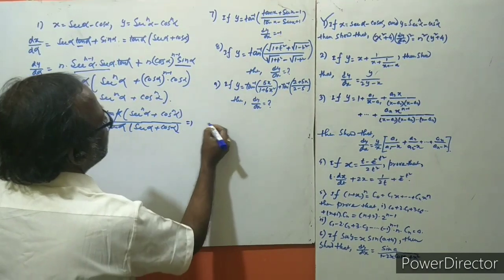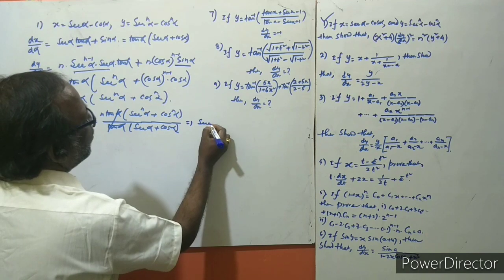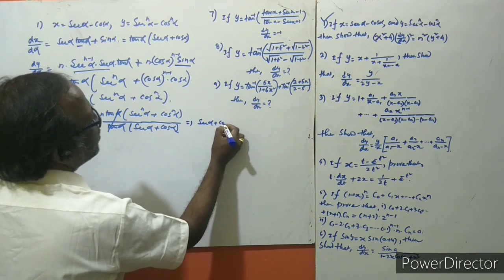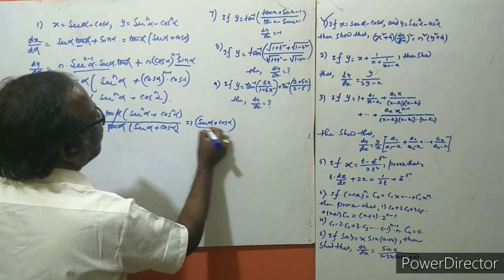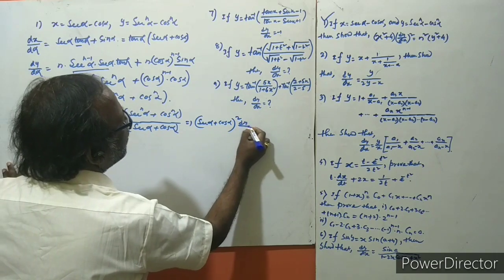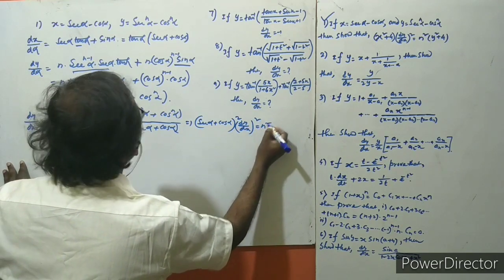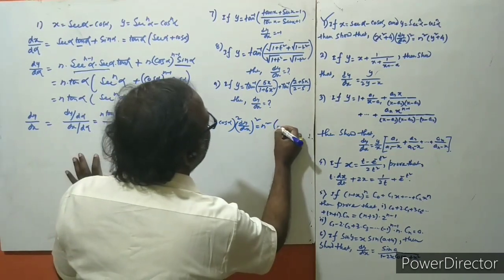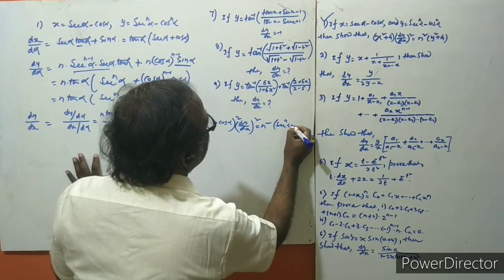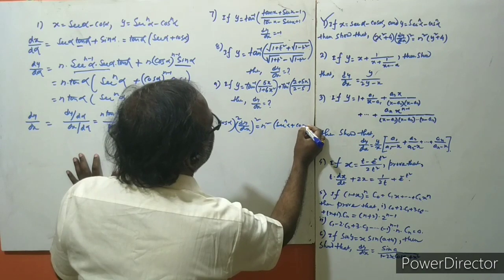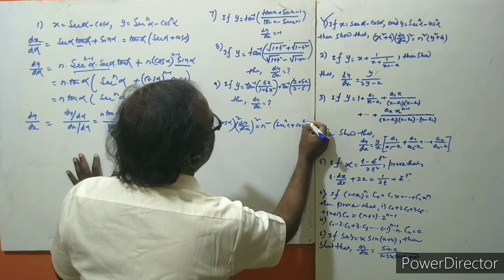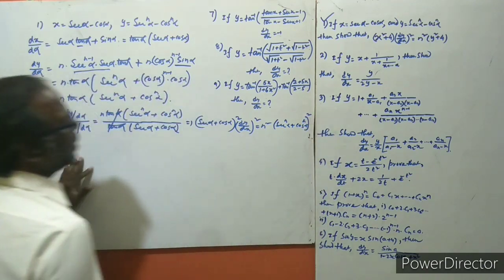Now this part is multiplied through, and squaring both sides. See, there is a square, so sec alpha plus cos alpha whole square into dy dx whole square is equal to n square, sec alpha to the power n plus cos alpha to the power n, and this is whole square.